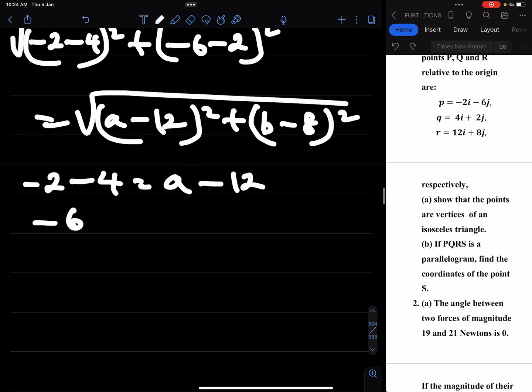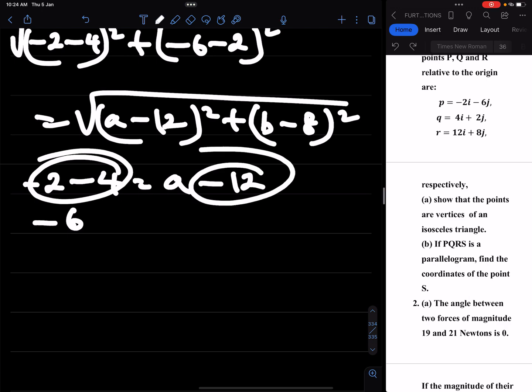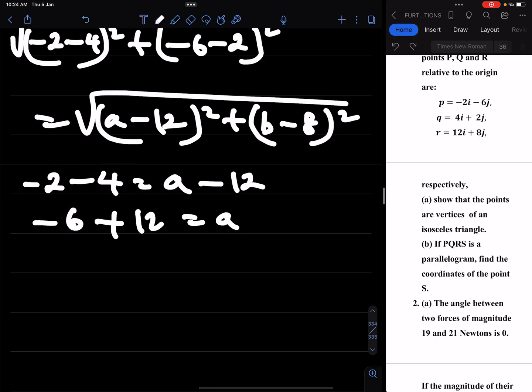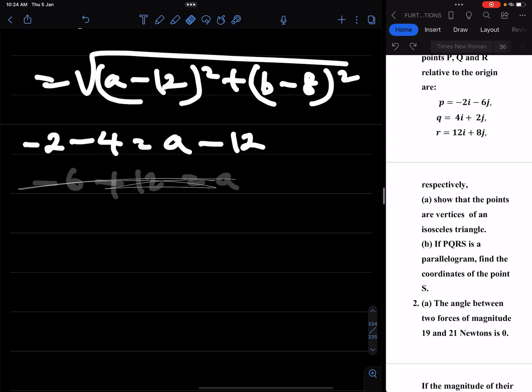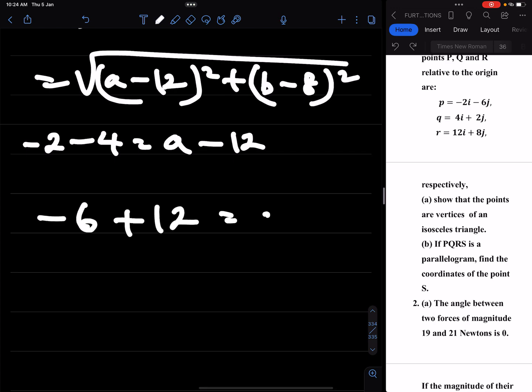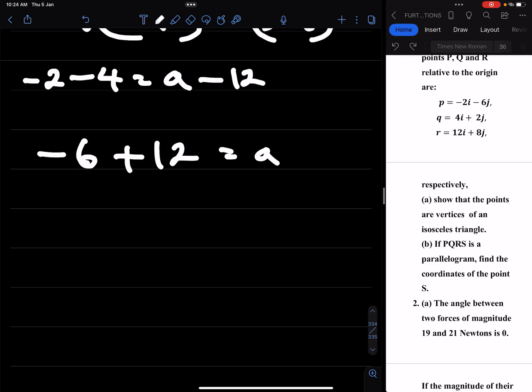If you bring minus 12 to the left hand side, it becomes plus 12. Minus 6 plus 12 equals A, which is 6, so A equals 6.